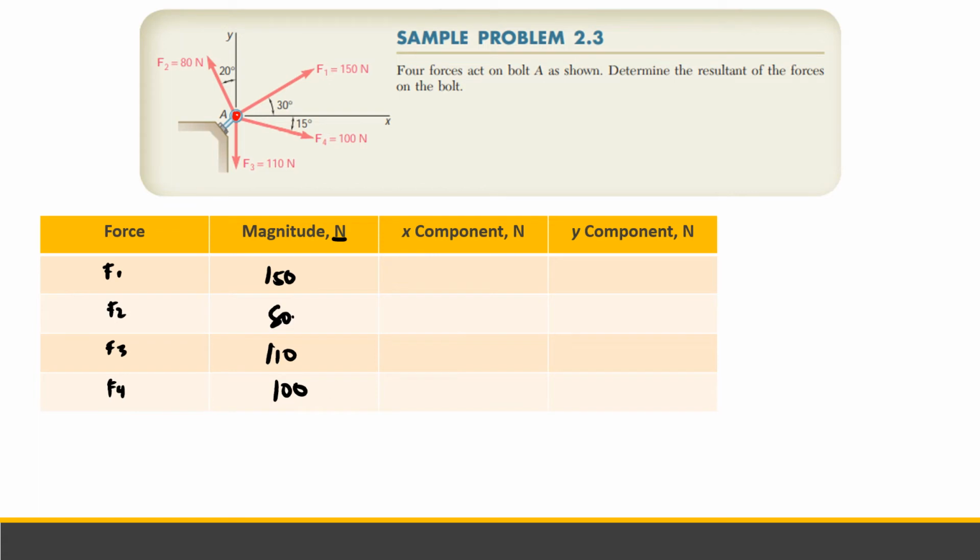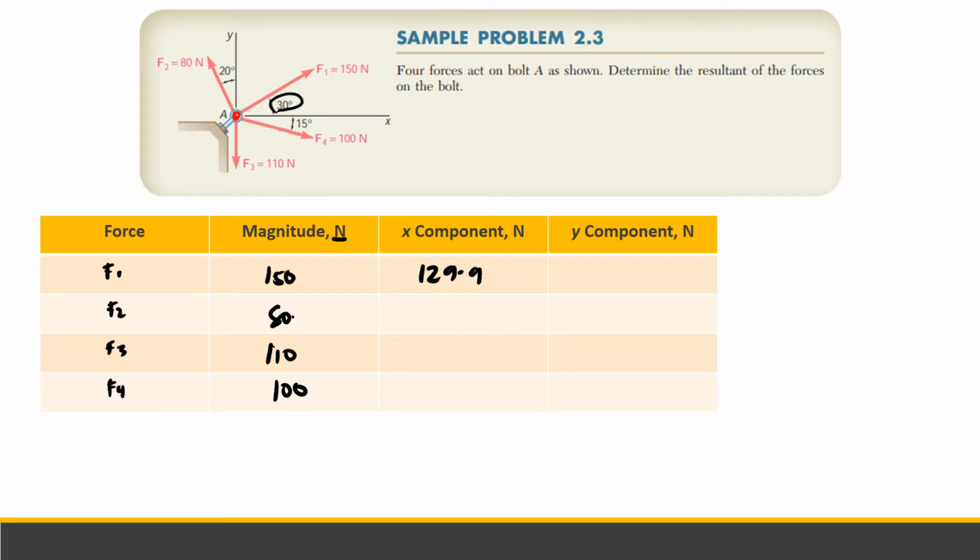For F1, the X component, we use cosine, since this is the angle of F1. So the X component is 150 cosine 30, which is 129.9. Help me calculate. So 129.9, and the Y component is 150 sine 30.